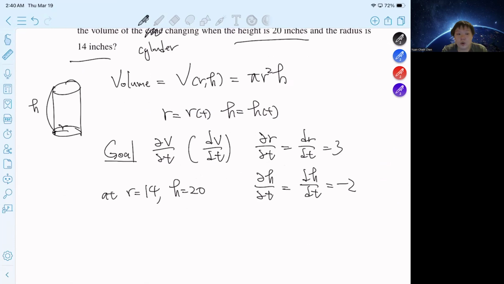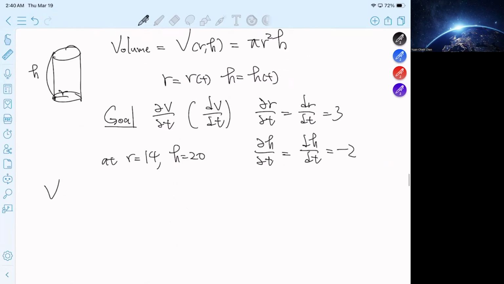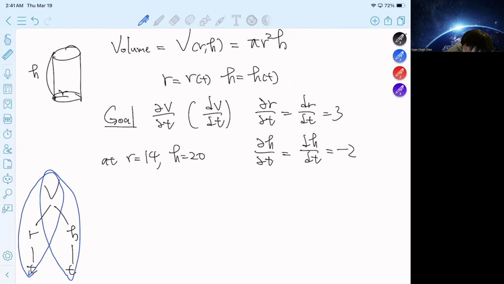So we can happily write our dependence chart. This is my V. It depends on R and H, and R and H all depend on T. And I want to find what is dV dt. So there are two paths. dV dt is partial V, partial R, partial R, partial T, the first path.